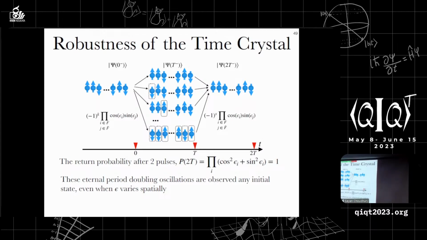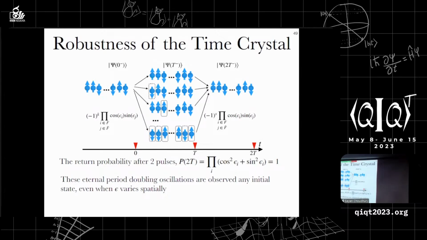Of course, if epsilon was exactly equal to pi, for instance, then it would be all up going to all up, going to all up for every T, 2T, 3T, and so on. For any value of epsilon other than pi, you would go to some other state in the middle and then recover. So it is true for any epsilon.